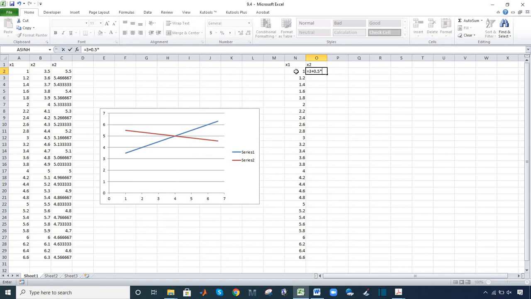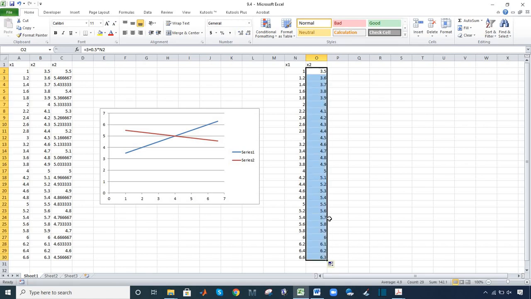This is x1, I have to click here. Automatically its value is shown here, and then enter. Its value is 3.5. Again press this box, move the cursor to this corner and double click. All these values will be calculated automatically.